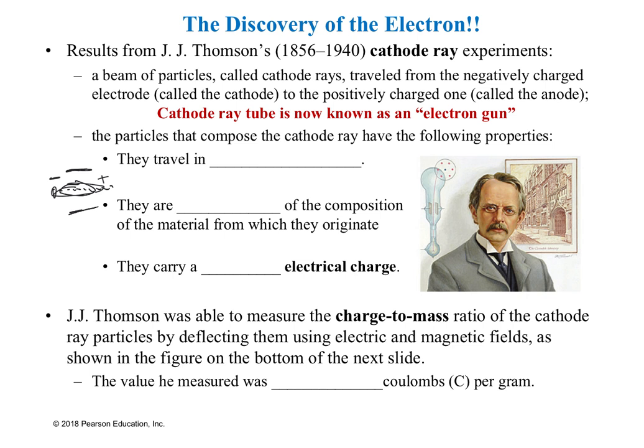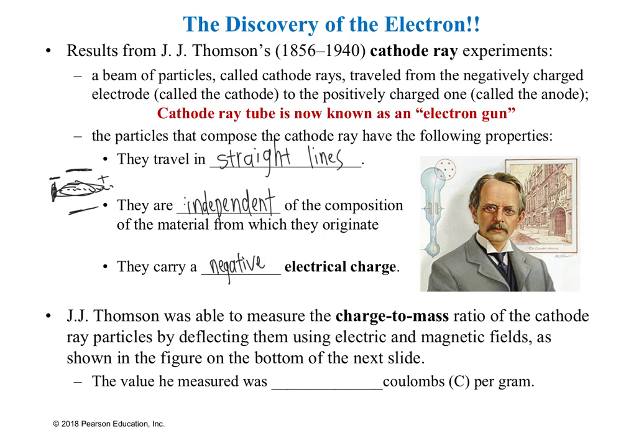What they noticed was that the particles traveled in straight lines, and that it doesn't matter what the cathode is made out of, they are going to have the same composition. So their composition is independent of the source that they came from, and they carry a negative electrical charge.